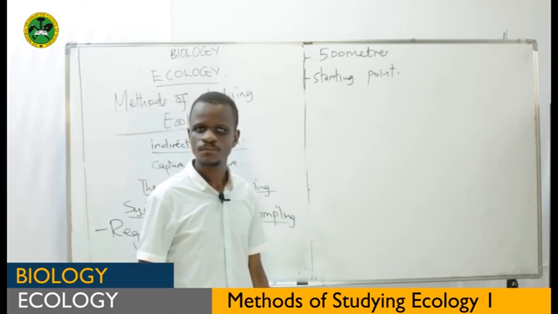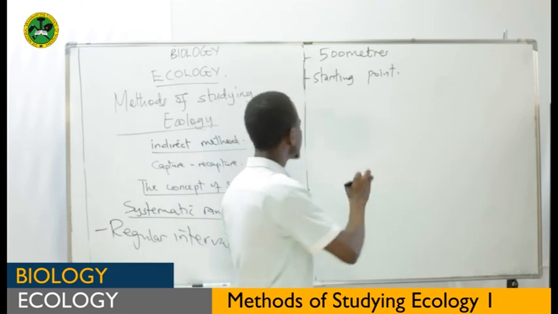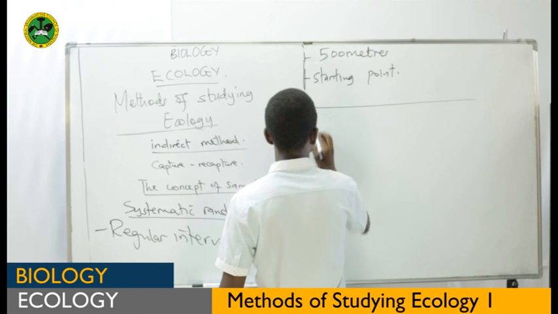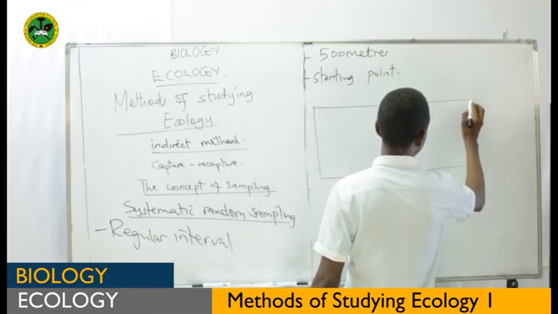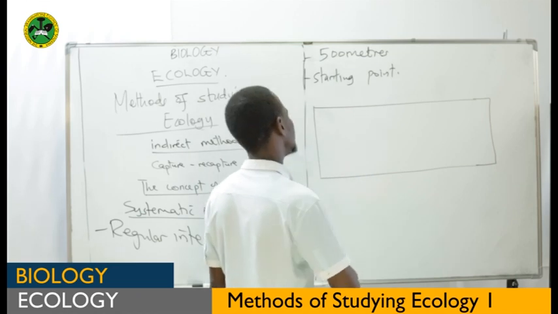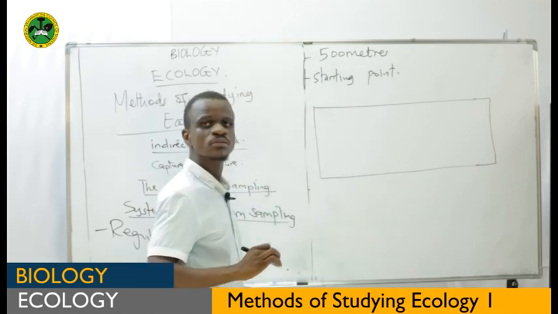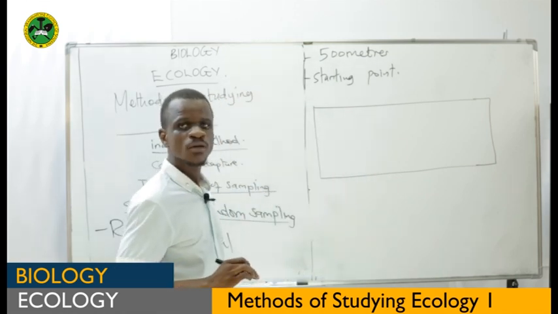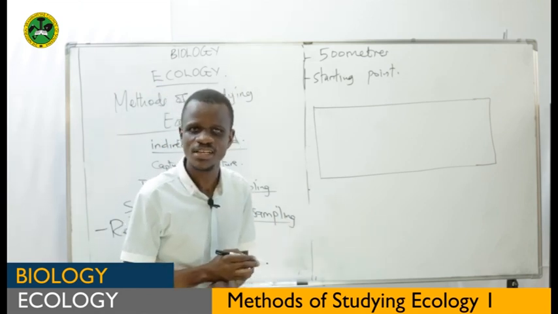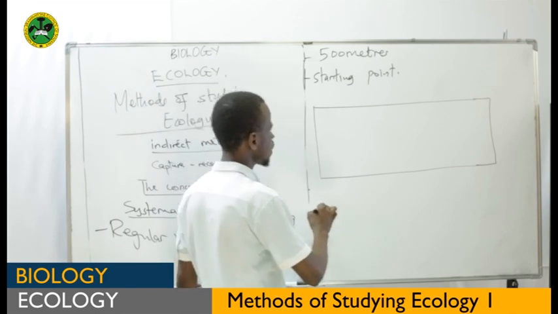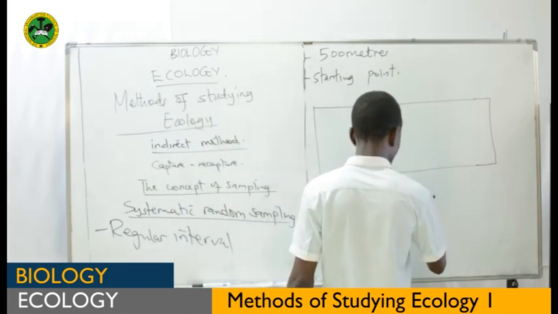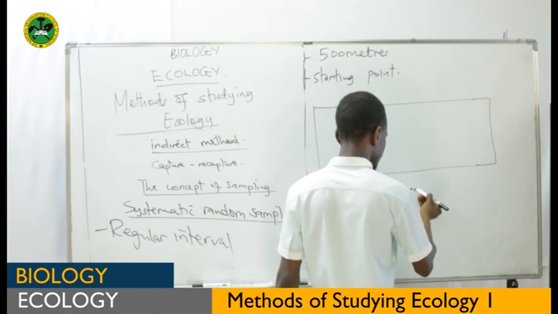My students, suppose you have an area. Let's say this is area A. In area A, you want to sample to a particular, defined distance. Let's say you want to sample only a distance of 100 meters.